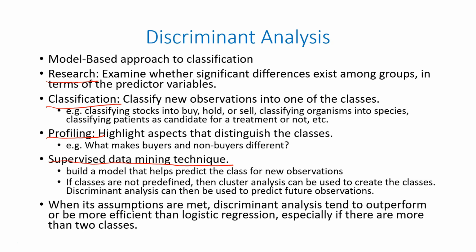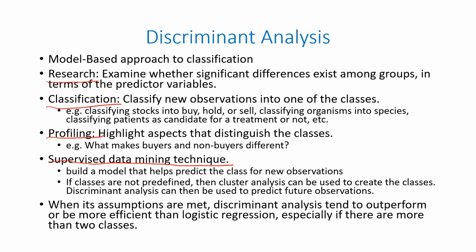Well, in addition to the different approaches that these two techniques take to classify, discriminant analysis has been found to outperform and be more efficient than logistic regression in many situations.